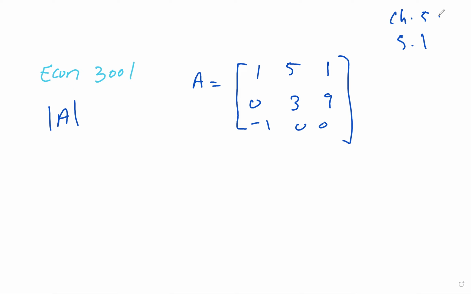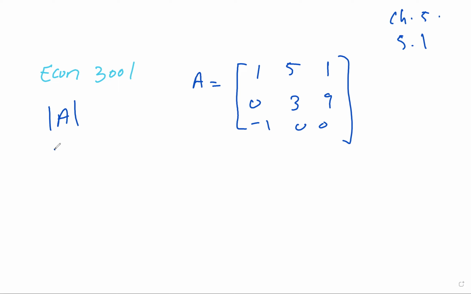The question is asking, find the rank of each of the following matrices. For part A, the matrix is given and you're told to find the rank of this matrix. Now, we talk about the determinant and how we do it, and then I'll find the rank of this matrix.